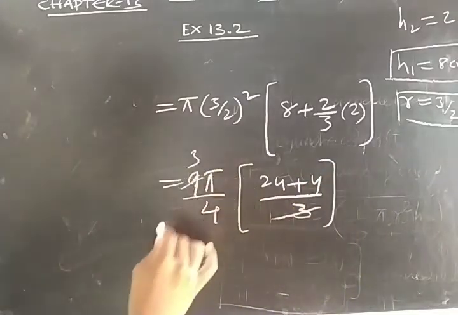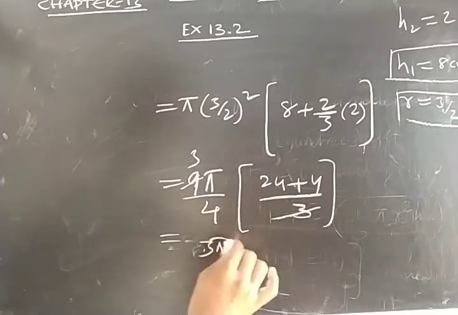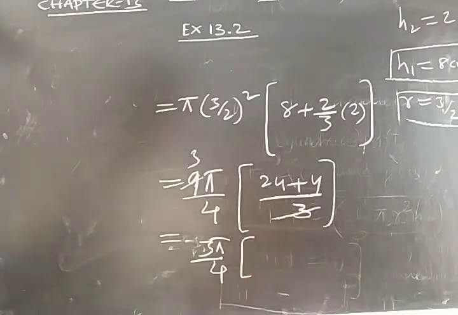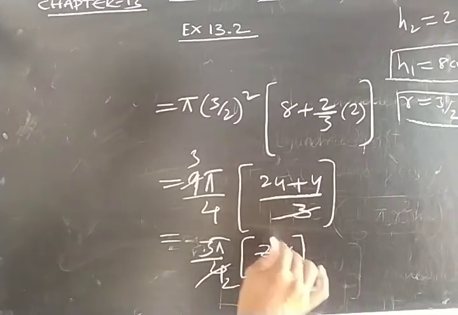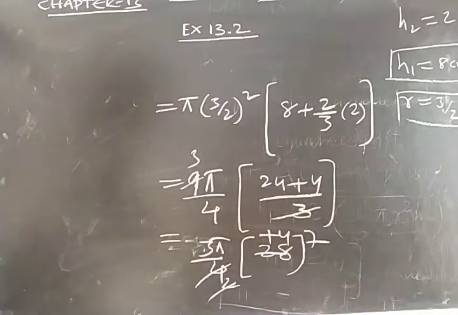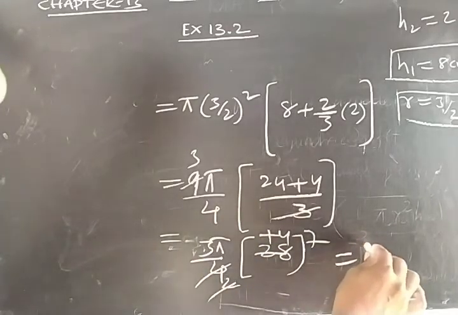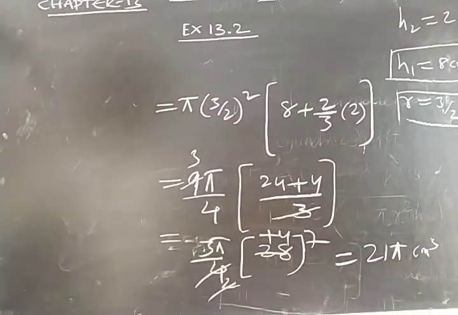Three threes are 3 pi by 4 outside, and inside the bracket 28. Then 7 threes are 21 pi centimeter cube is the volume of the required solid model.